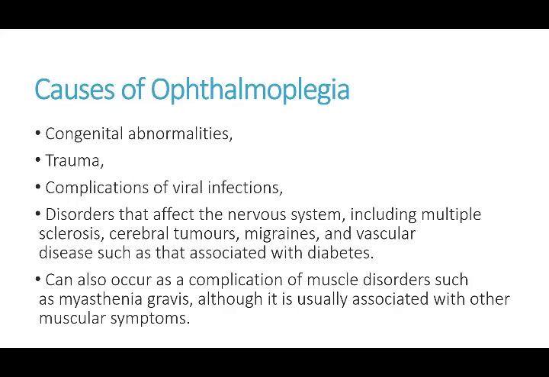Now, the causes of ophthalmoplegia: congenital, trauma, complications of viral infection, disorders that affect the nervous system, including MS, cerebral tumors, migraines, vascular diseases such as those associated with diabetes. It can also occur as a complication of muscle disorders such as myasthenia gravis, although it is usually associated with other muscular symptoms also. Okay?